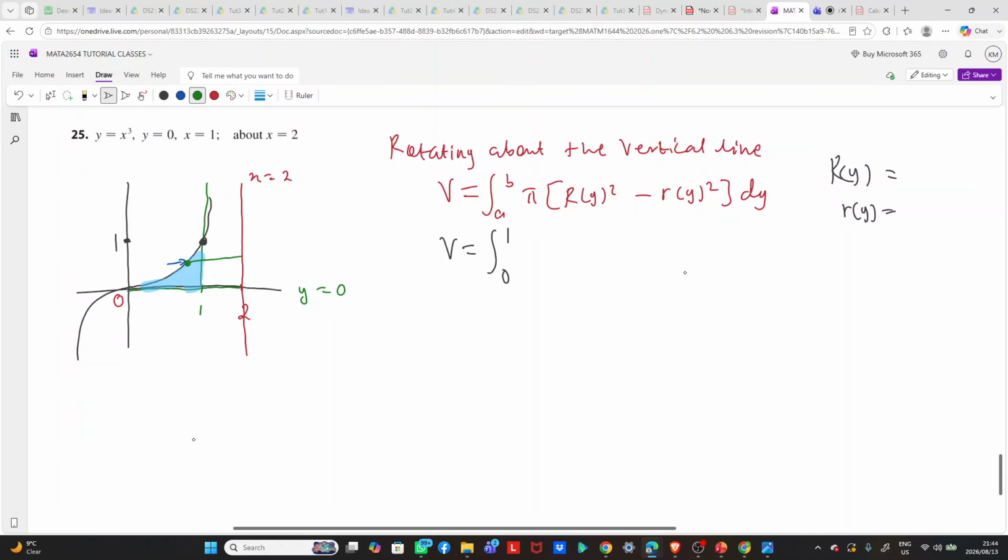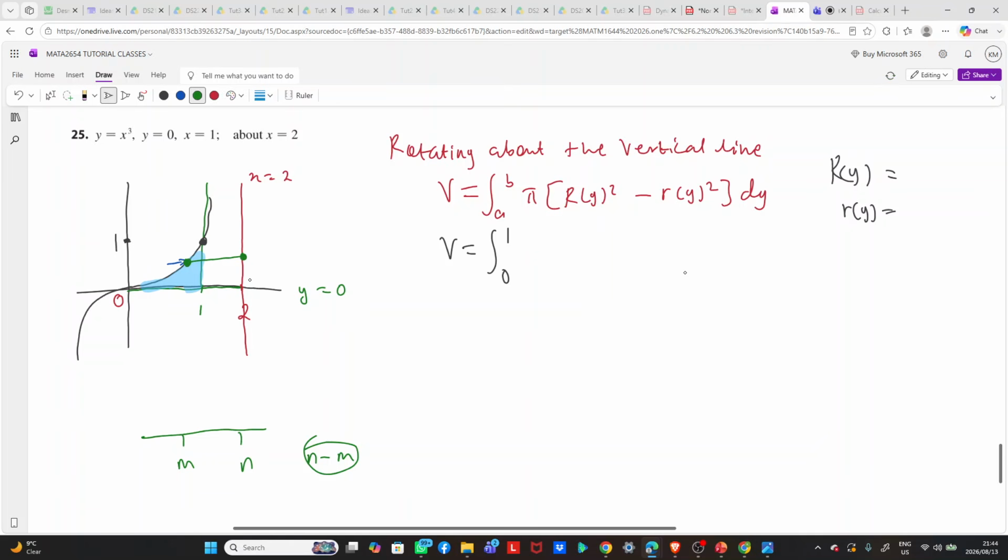So now, since we are looking at it this way, say the distance between m and n, in this case, what is it going to be? It is going to be n minus m. That is going to be your distance. So if you think about it, your m now is the function, and your n is the line x equals 2.